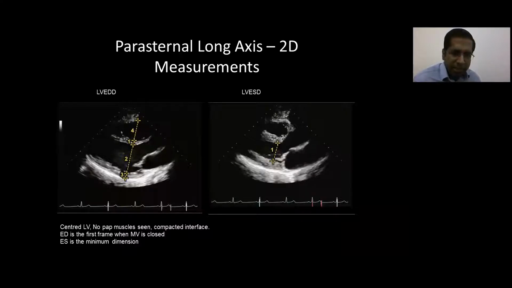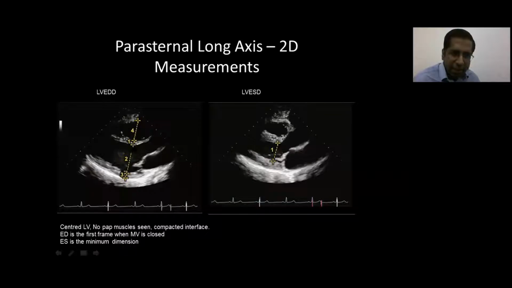Because during diastole, the valve is open and there is left ventricular filling happening. And the first frame when the mitral valve is closed would be end diastole. And likewise, end systole is when the dimension is the least. And if you can note, what you see here is that there are no papillary muscles seen. In the anatomical picture that we saw earlier, you could see papillary muscles also in the picture.